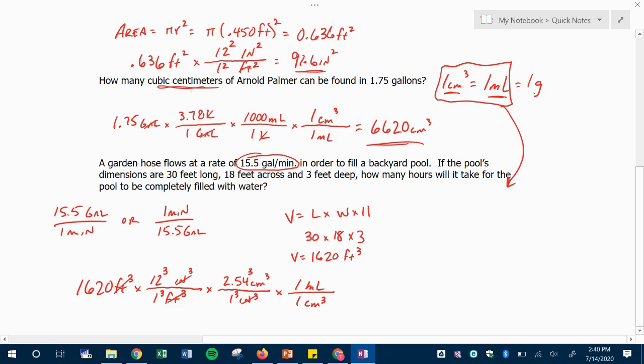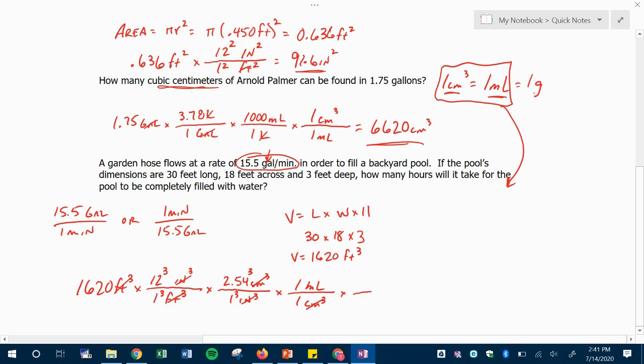And so now that we're in milliliters, we can work towards, because remember the question is how many hours will it take? Well, the one piece of information that we're given that has a time in it is the 15.5 gallons per minute part. So if this is gallons per minute, our goal should be to turn our milliliters that we have so far into gallons.